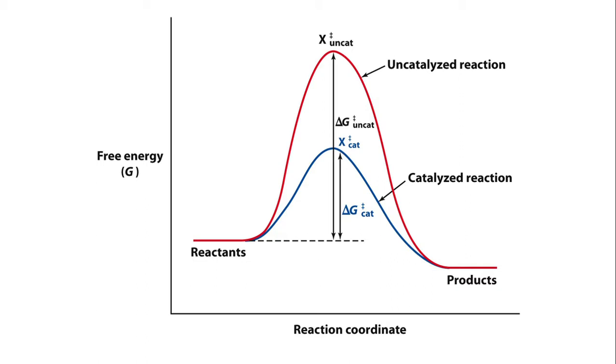The first is acid-base catalysis, and this involves proton transfer between the enzyme and the substrate. So amino acids that can be involved in this type of catalysis are aspartic acid, glutamic acid, histidine, cysteine, tyrosine, and leucine.